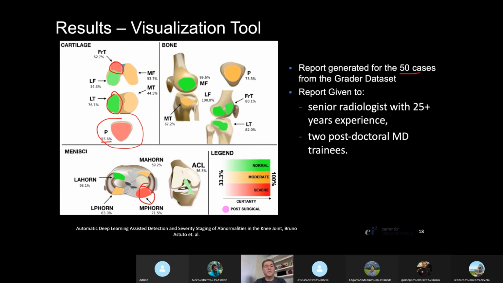And then we gave them to 3 radiologists, and they would grade the 50 cases without looking at the model outputs. And then 2 weeks later, they would grade the same 50 images with the aid of the model, looking at these pictures here for every case.